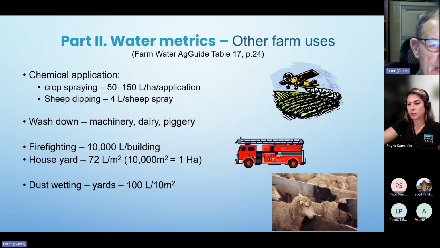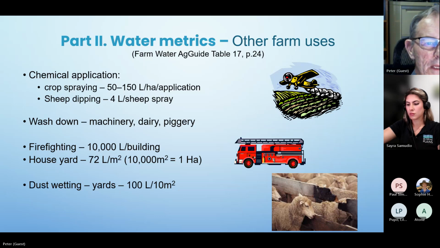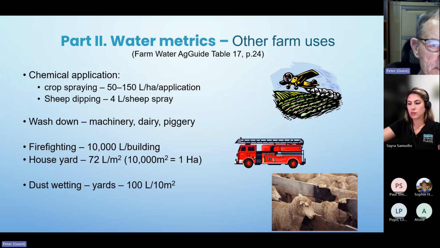Other farm uses that require water, and these come from the Water Ag Guide, the thick book that Sarah mentioned. If you do grow any crops, you probably want to spray those with some sort of pesticide, and the spray could require anything from 50 to 150 litres per hectare of water to mix the chemical.